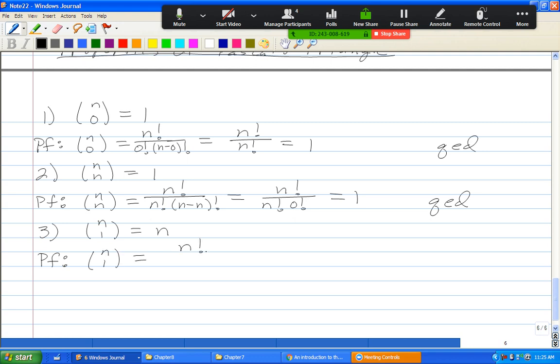So this is equal to n factorial over 1 factorial times n minus 1 factorial. Well, 1 factorial is 1. N factorial is just n times n minus 1 factorial. The n minus 1 factorials cancel. So you're done.